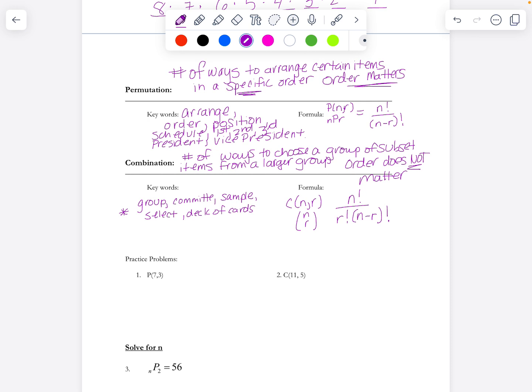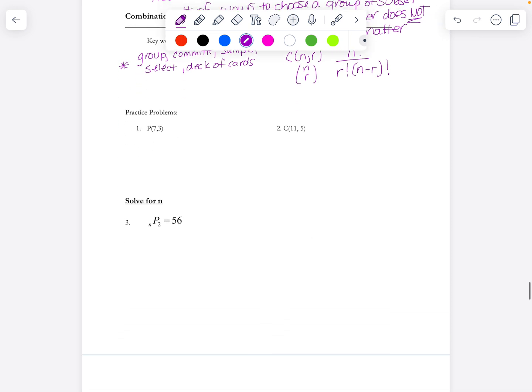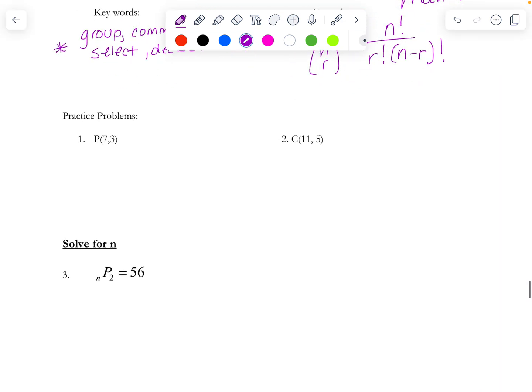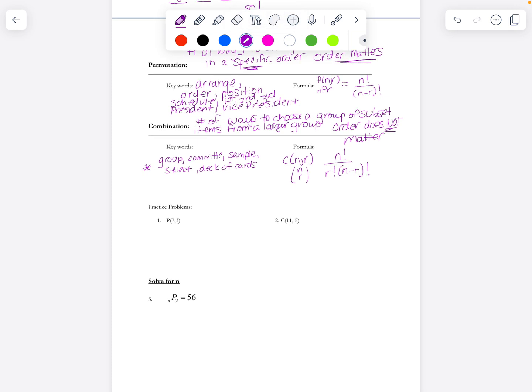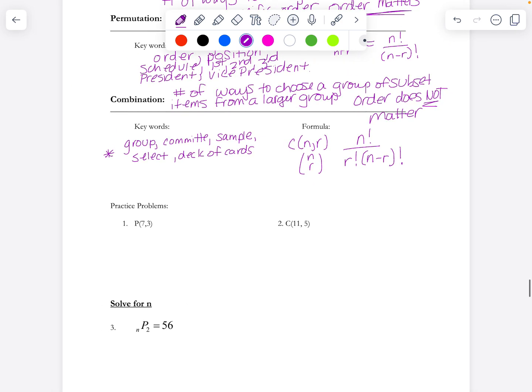So go ahead. Now, what we're going to look at, if we look at these, we know that we can use our formula. We did combinations before, but for permutation, I can do the same type of thing. So I can do 7 factorial over, this becomes 7 minus 3 factorial.